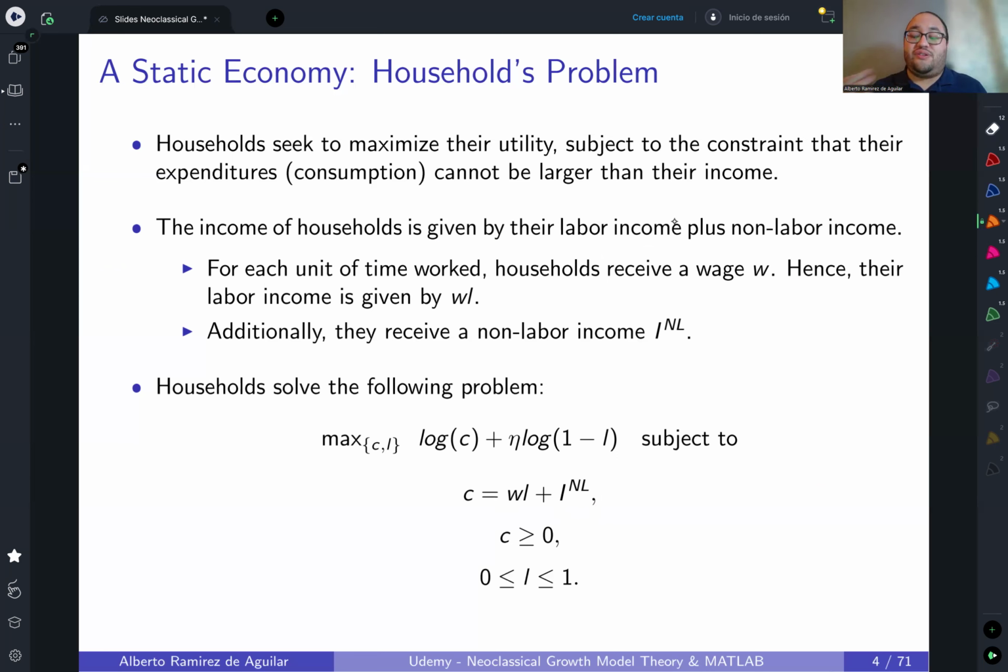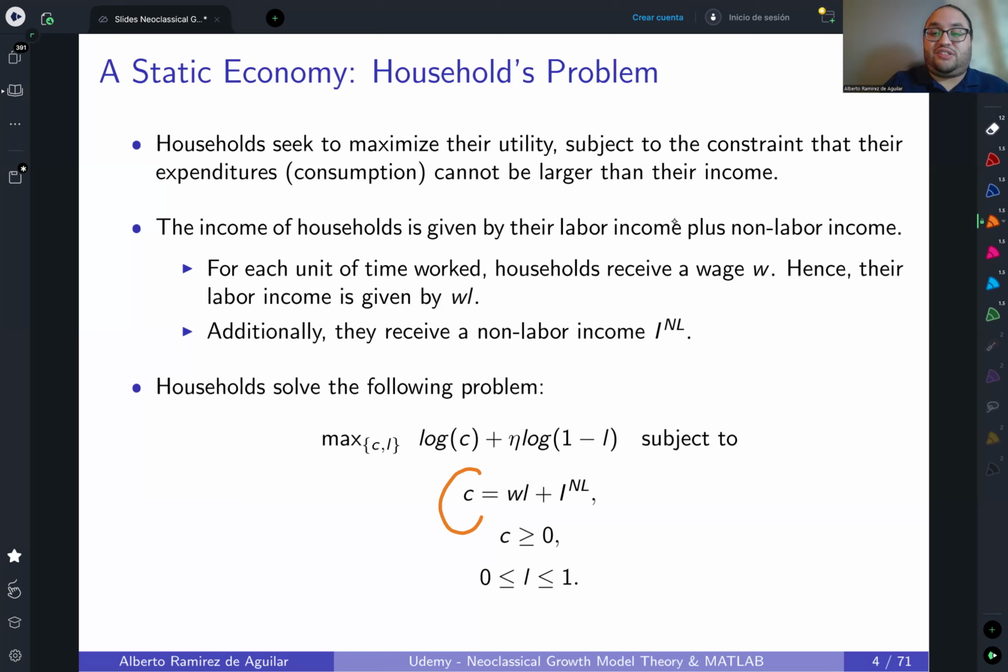They can only choose consumption and labor with the constraint that whatever they consume has to be equal to their income. Another way of writing this would be considering a smaller or equal, but because there's this monotonicity assumption on consumption, both problems will have the same solution. So I will assume it holds with equality.